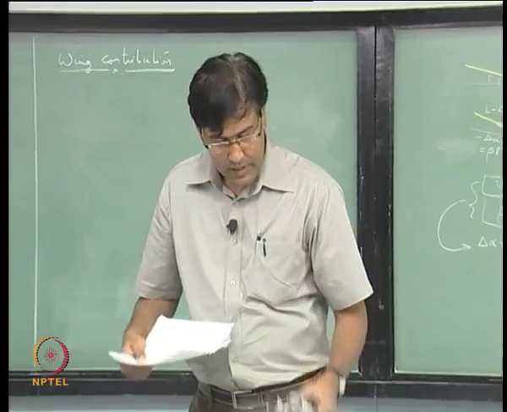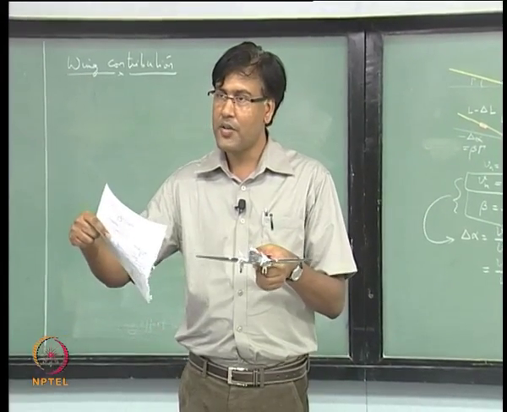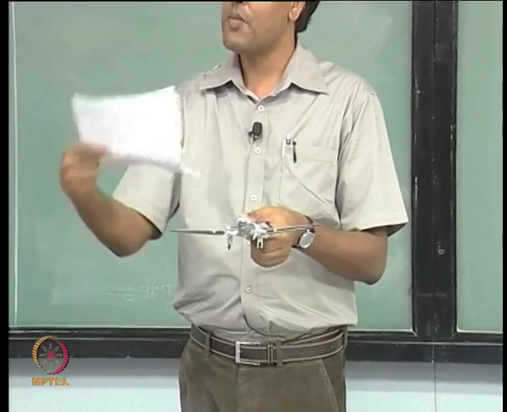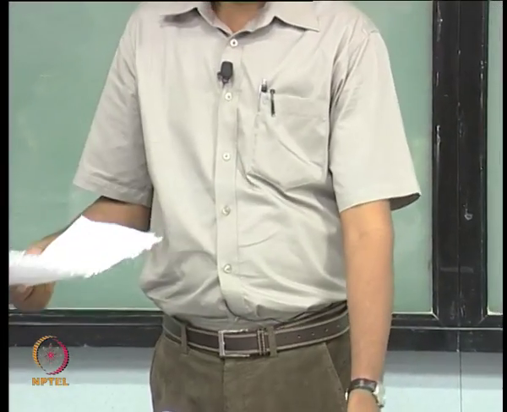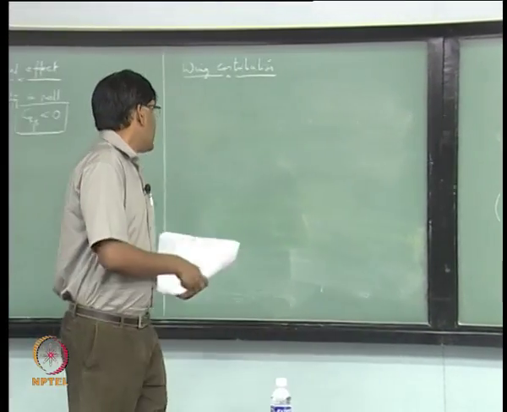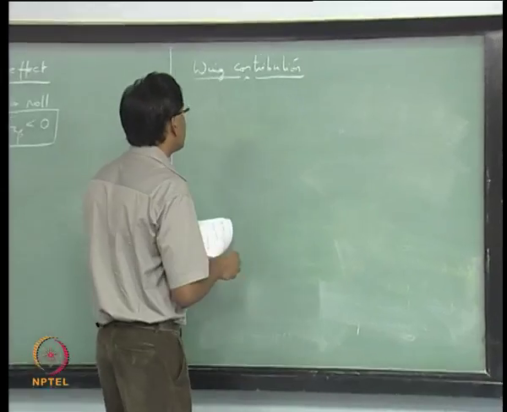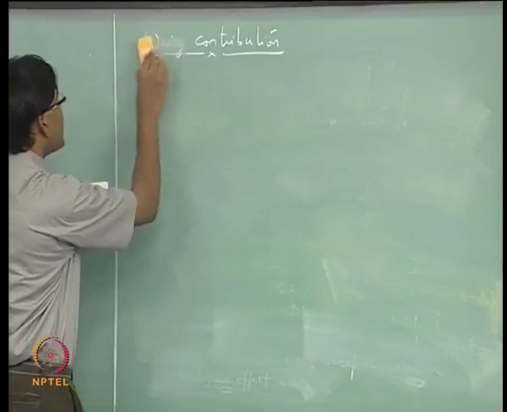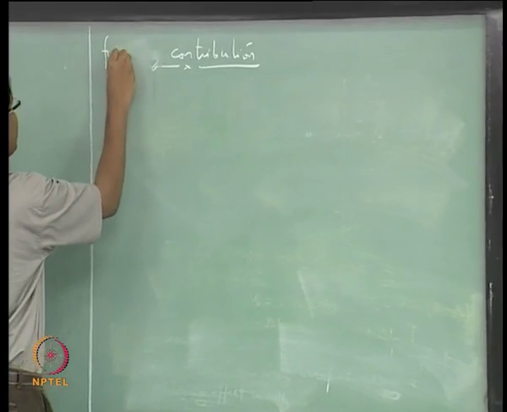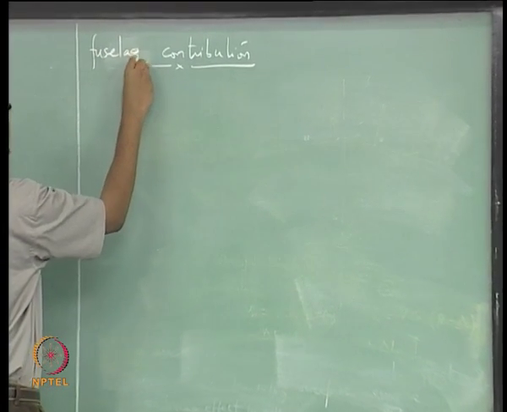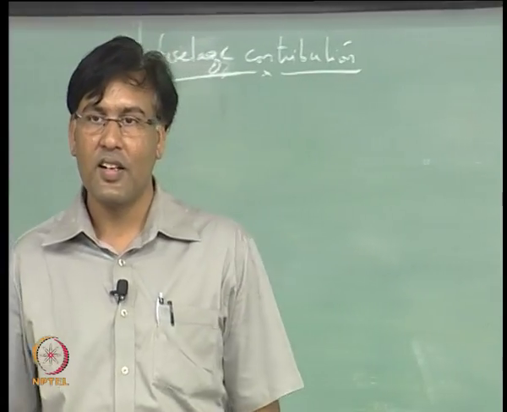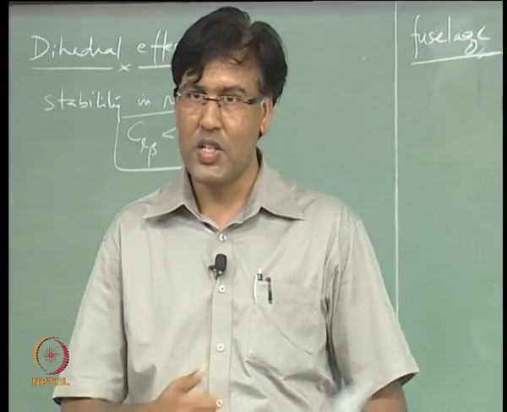If the wing is low, flow is going to move onto this airplane from the side in a different fashion as compared to when it is high, and that can also add to this dihedral effect. Okay, so let us look at that. We can call that the fuselage contribution, not really a wing contribution, but the fuselage contribution.